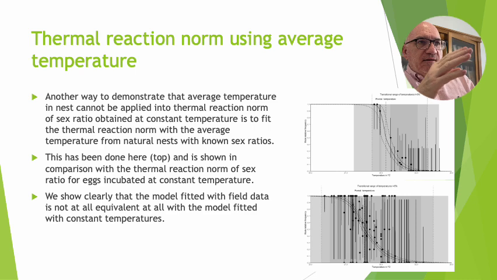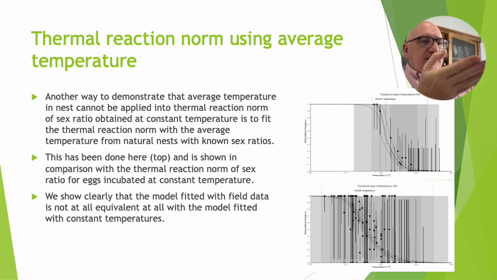The points are the observed sex ratio, and we fit a Flexit model on this graph. This is what some people have named the field thermal reaction norm for sex ratio.